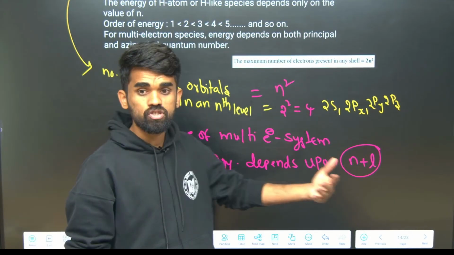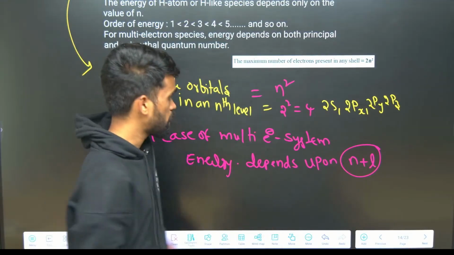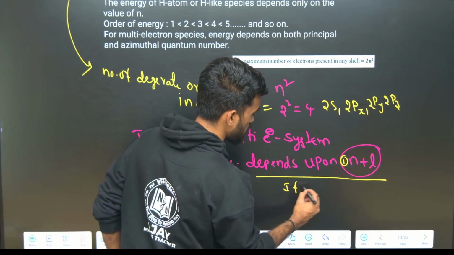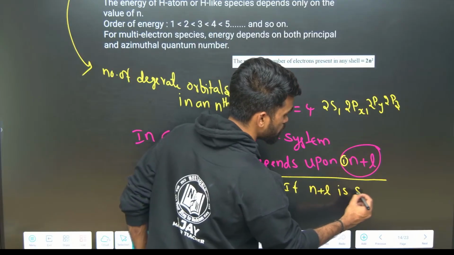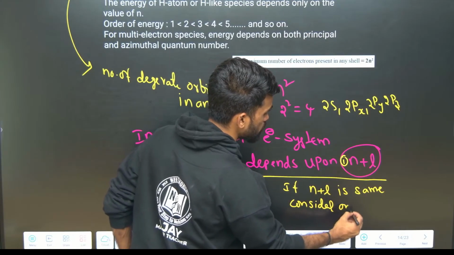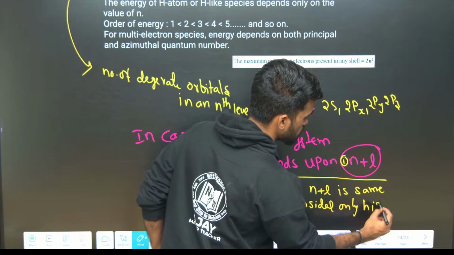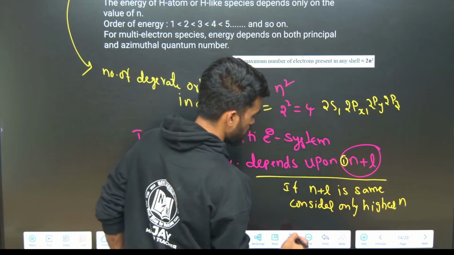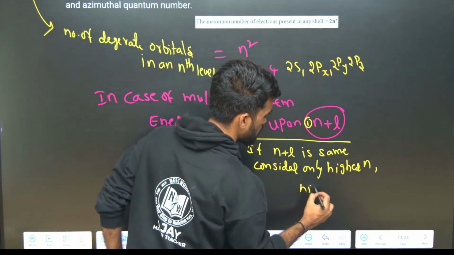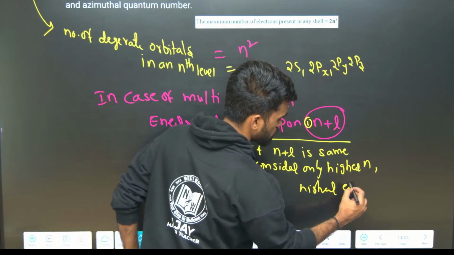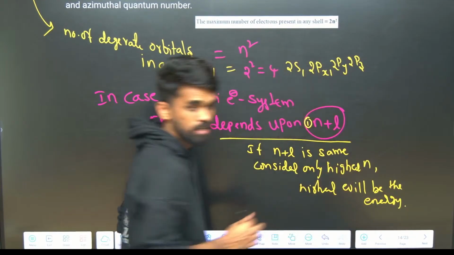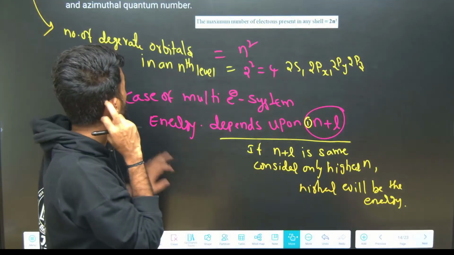If the n plus l value is the same, then consider the n value. First it depends on the n plus l value. And second, if the n plus l value is the same, consider only the higher n value; higher will be the energy. These two things are very important for deciding the energy levels. Hope it is clear.